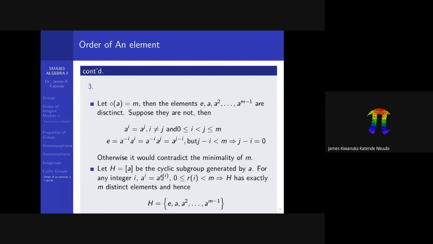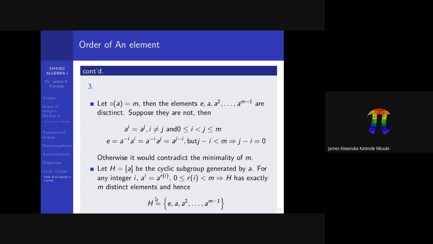So you can't get anything outside these M powers, because this remainder will lie between 0 and M, from 0 all the way to M minus 1, and therefore it can't give you anything outside these M powers. It doesn't matter which integer you pick. When you raise A to that integer, you will end up with one of these.